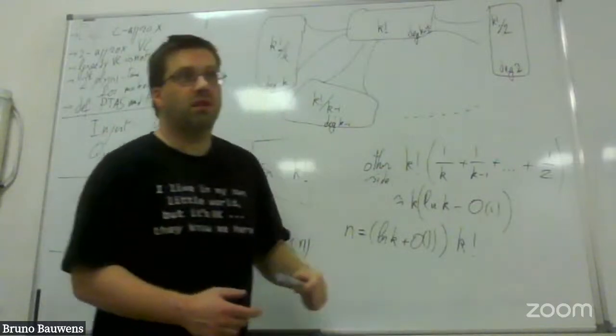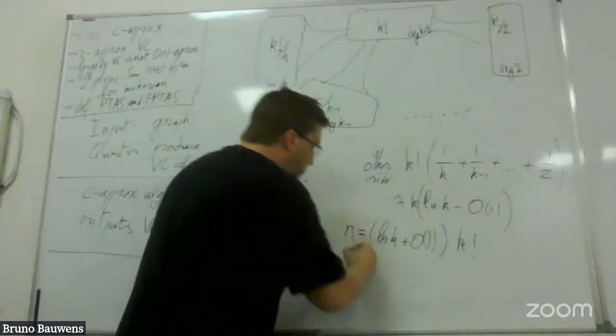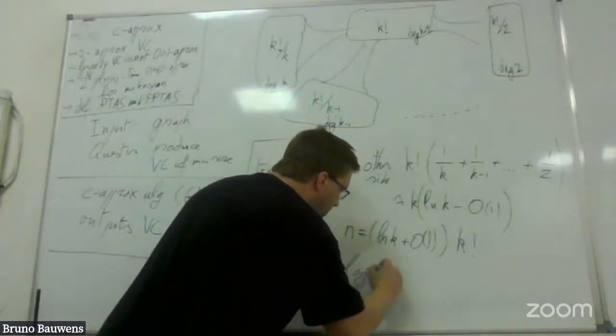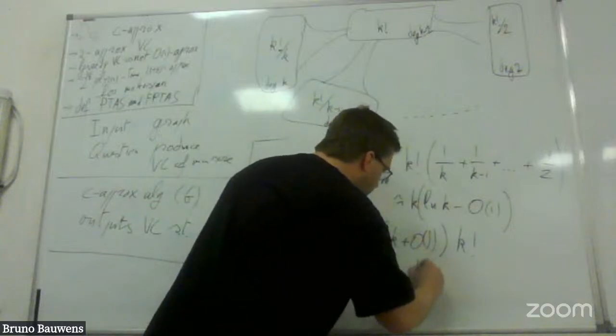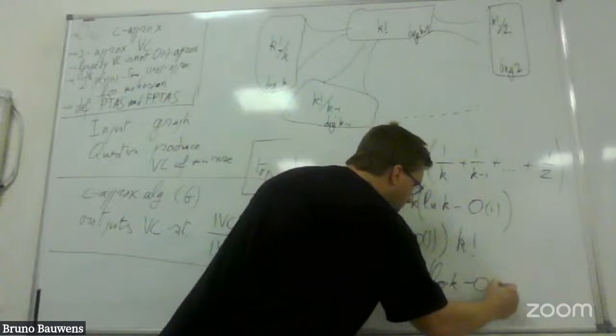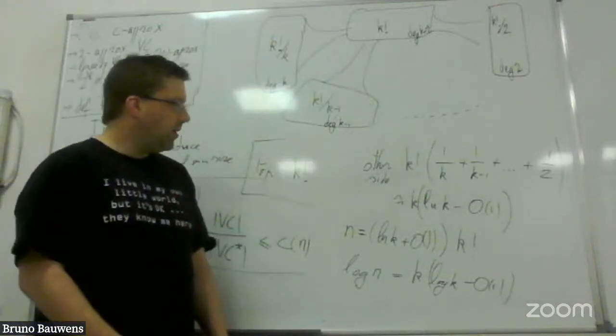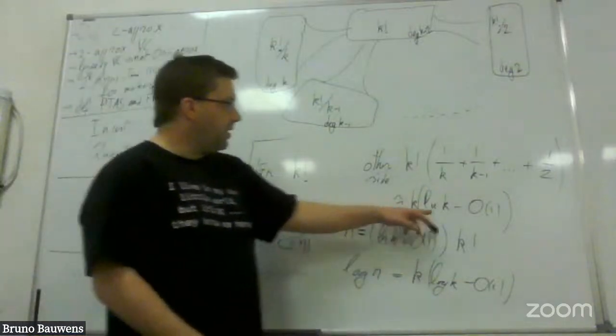Let's close. Can you close the door? So by Stirling bound, we have that log n is equal to k log k minus O1. And so we are ln k different.